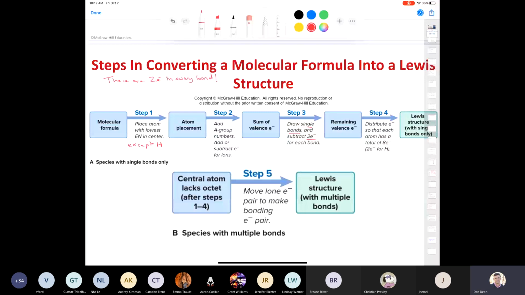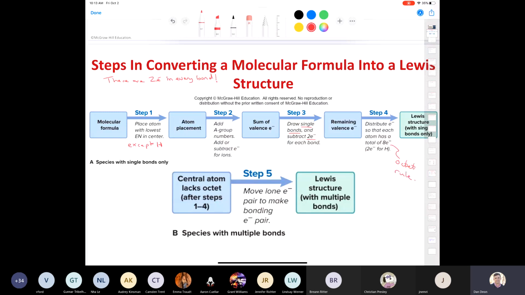Okay, anyhow, then in step 4, you're going to distribute the electrons so that each atom has a total of 8 electrons, unless you're dealing with hydrogen. Hydrogen only needs a duet. It doesn't need an octet. Everything else is going to want to have 8 electrons, right? This is what we call the octet rule.